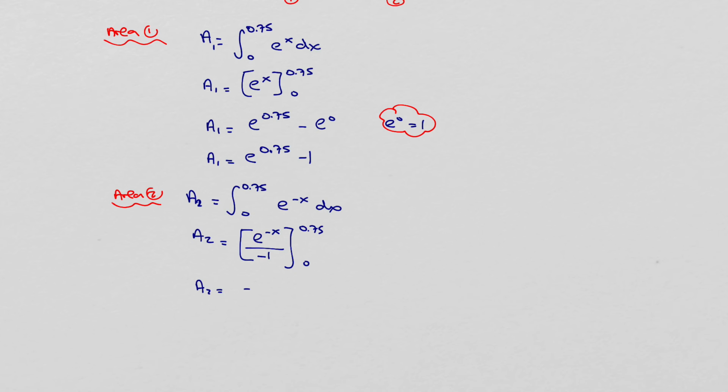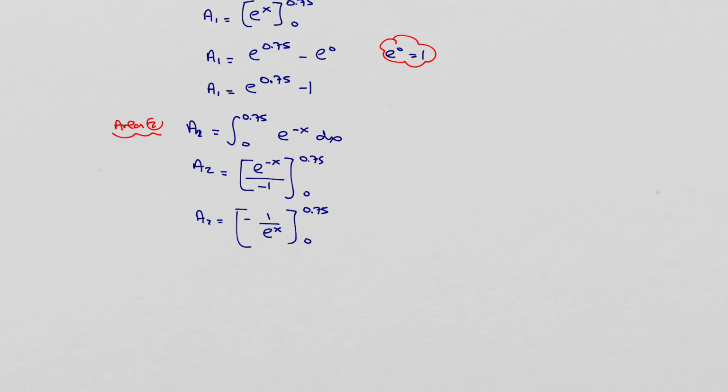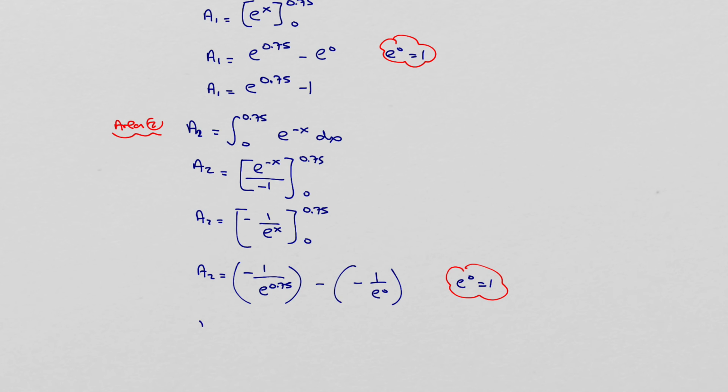And then if I divide that by minus 1, well, that's just minus 1 over e to the x. So now if I sub in for my limits, 0.75, and subtract from my lower limit. So again, e to the 0 is 1. So therefore, the area 2 is minus 1 over e to the power of 0.75 minus minus 1, which is just plus 1.